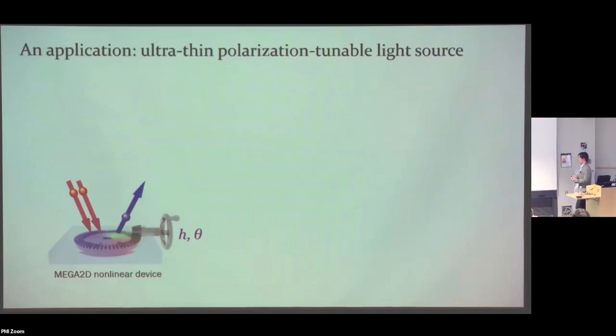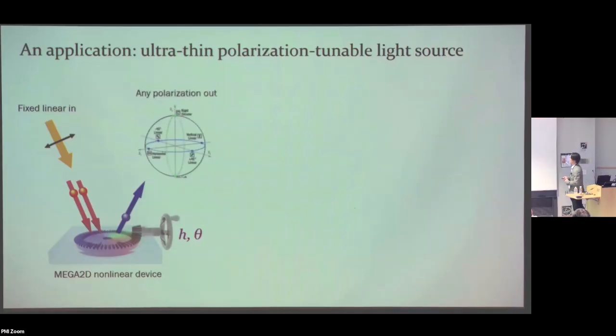Just imagine that if we want to have a device where we shine a fixed polarized light, and just by tuning the internal degrees of freedom without changing anything about the input light, we can now generate any polarization just by tuning these two knobs. And we can tune into any polarization possible, which is basically any point on the Bloch sphere.